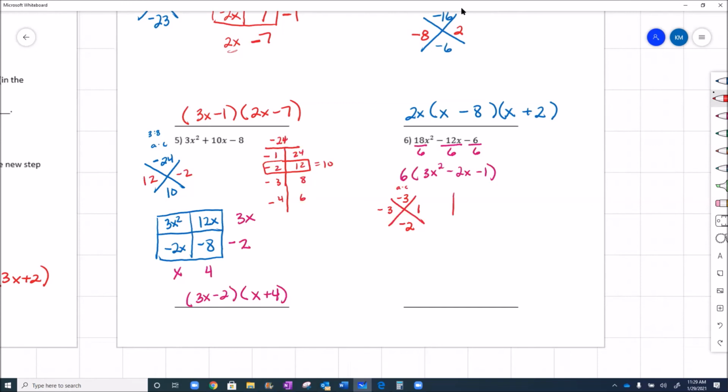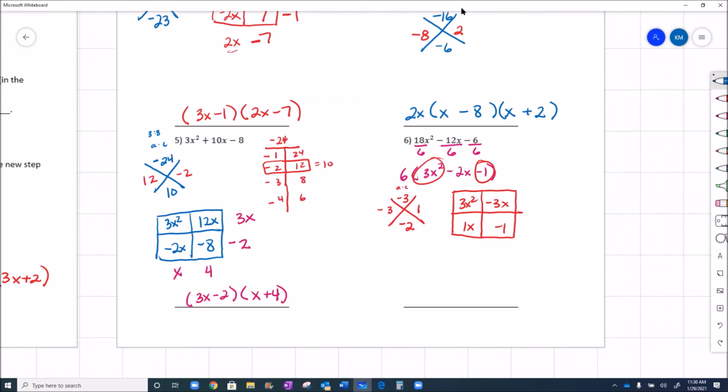Again, we have to go to the box because a is not 1. And in our box, we have our first term, which is 3x squared, our last term, which is negative 1, and these other two terms, negative 3x, 1x, in the other two boxes.